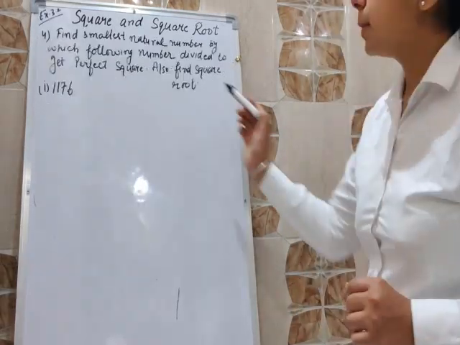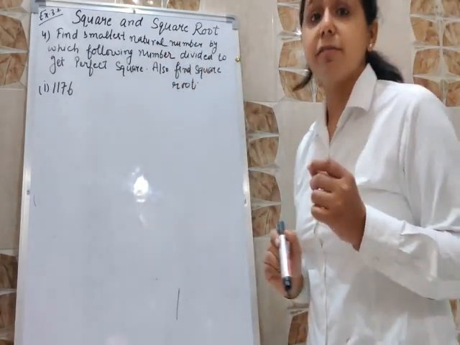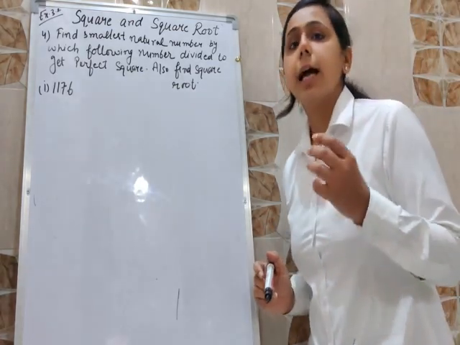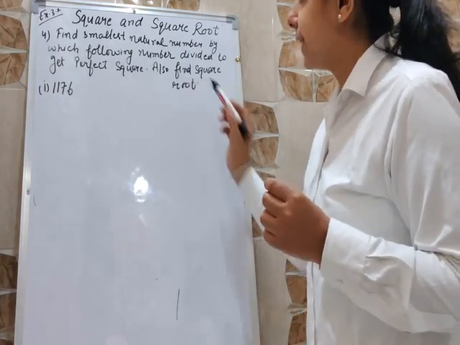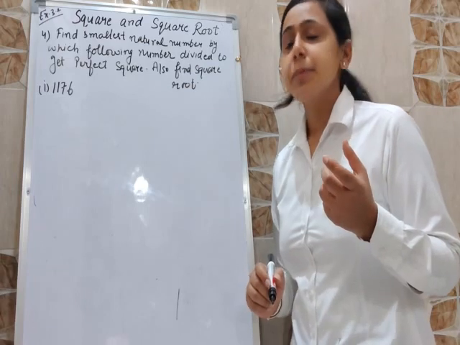So this is your second answer. Now in the next question we have to divide by the extra number that is not in the form of a square, and also find the square root.